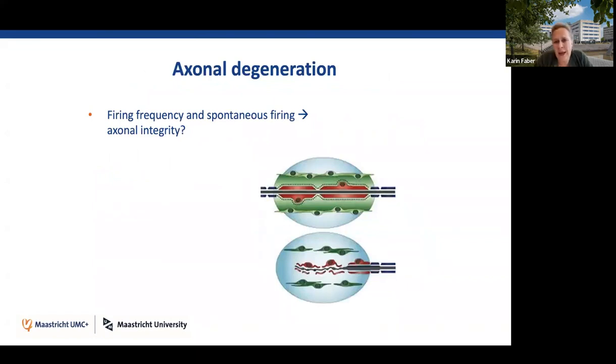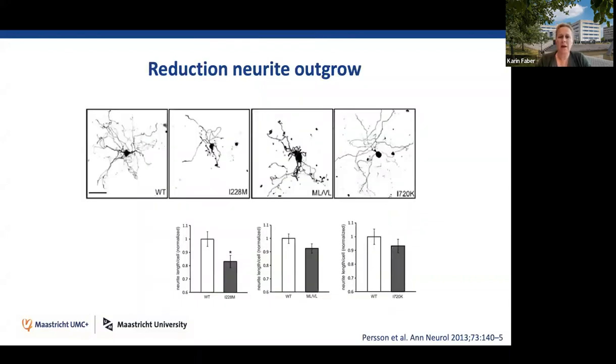The next question we had, of course, was, does this increased firing and spontaneous firing lead to axonal integrity problems? And therefore, a study was performed also at Yale University, and we compared the neurite length of neurons expressing the sodium channel variants I228M, a combined mutation, and the I720K, and of course the wild type variants.